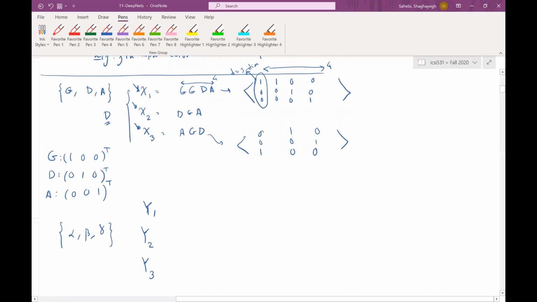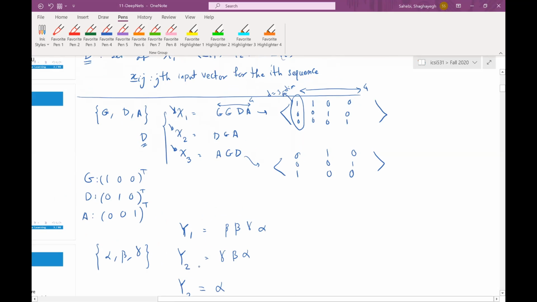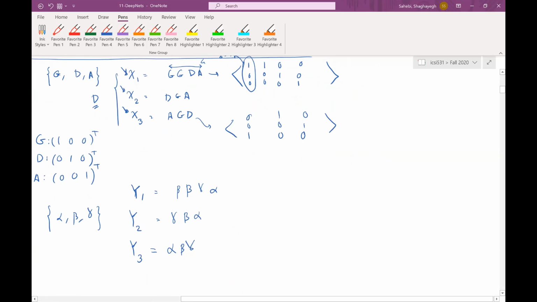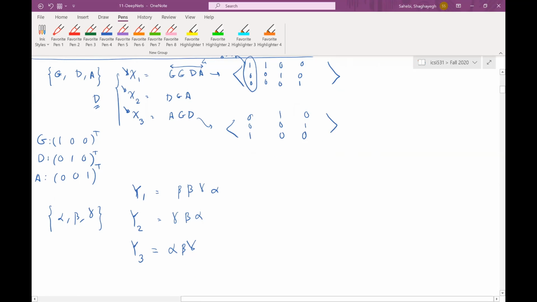So for example, for sequence 1, suppose that it is beta, beta, gamma, alpha. And for sequence 2, it's gamma, beta, alpha. And for sequence 3, it is alpha, gamma, beta, gamma, right? So similarly, these are going to be encoded into their own version of sequence.